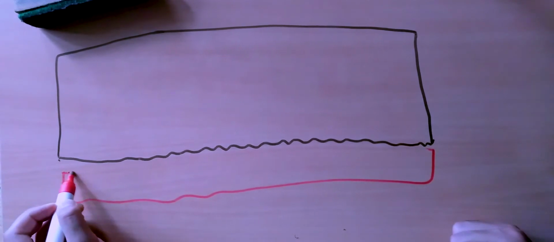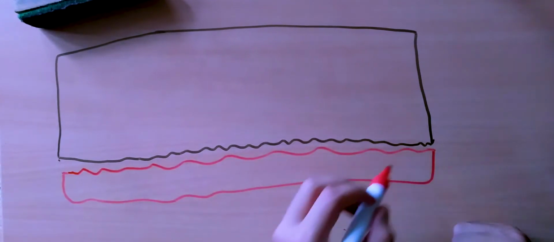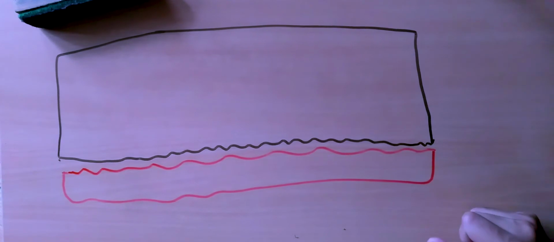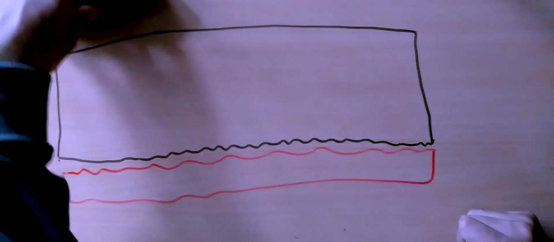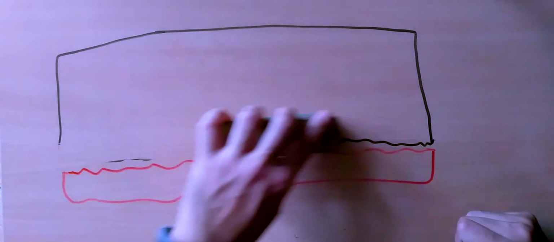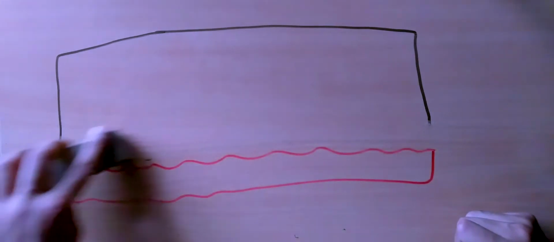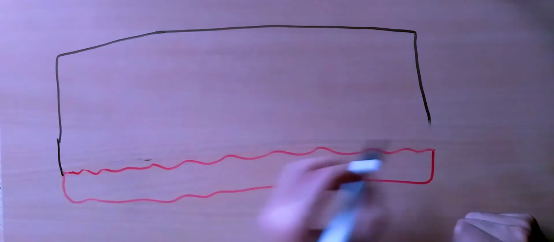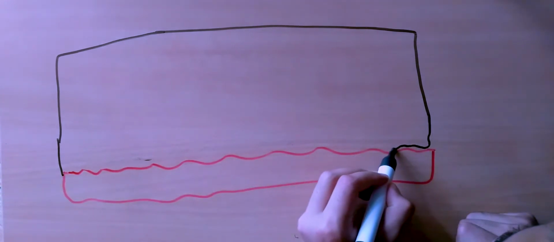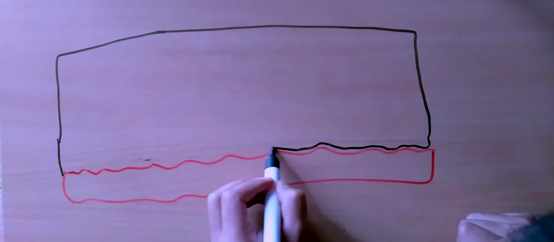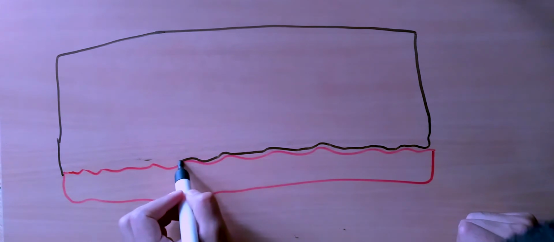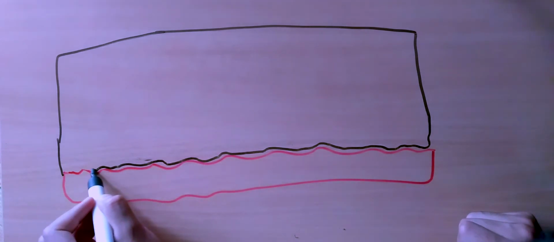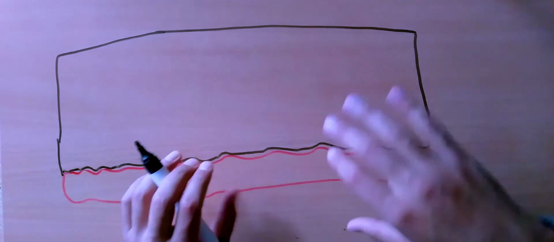Let me quickly draw one of the surfaces, and if I place the other object on top of it, I get this kind of interlocking. See the grooves and these projections, they fit into each other, and this causes friction.